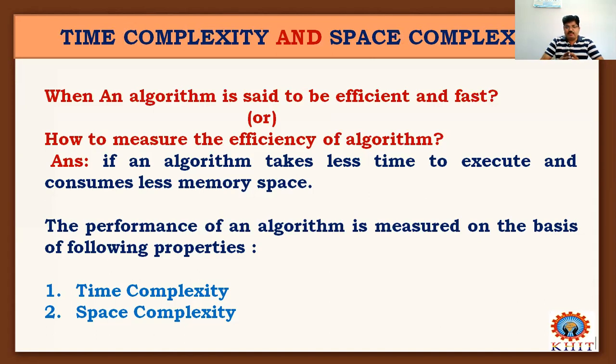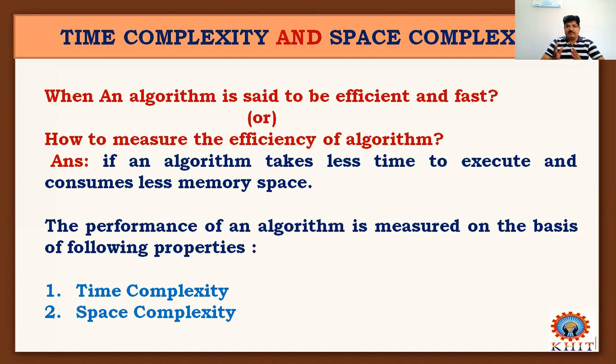Space complexity is another factor for measuring the efficiency of an algorithm. Space complexity is the amount of memory required for storing the algorithm in the system. How much memory is occupied by an algorithm is noted as the space complexity of the algorithm.